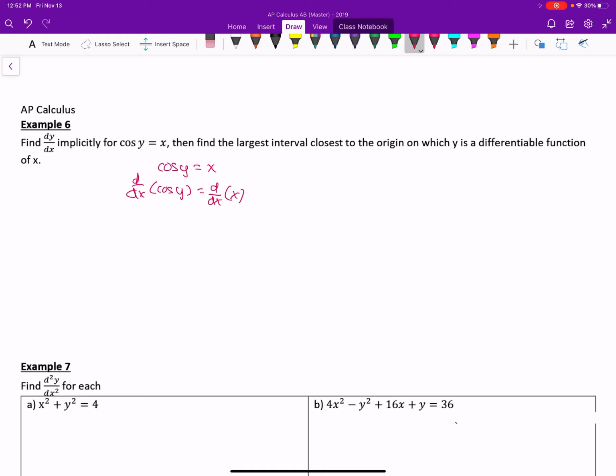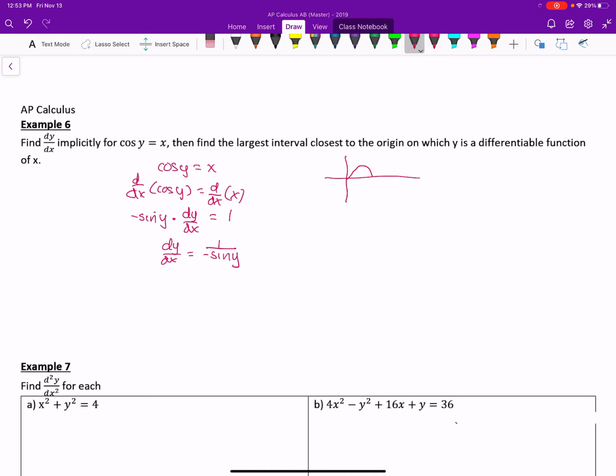That gives me on the left-hand side negative sine of y times, using the chain rule, dy dx, which is equal to 1. So dy dx is equal to 1 over negative sine of y. I could also move the negative up if I wanted to.